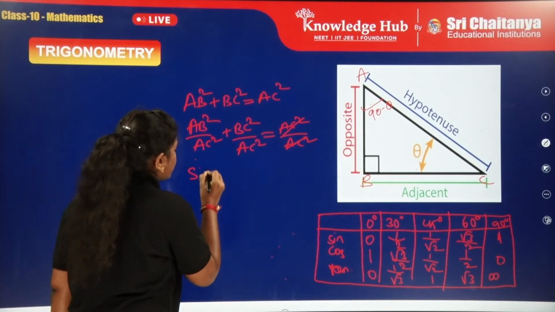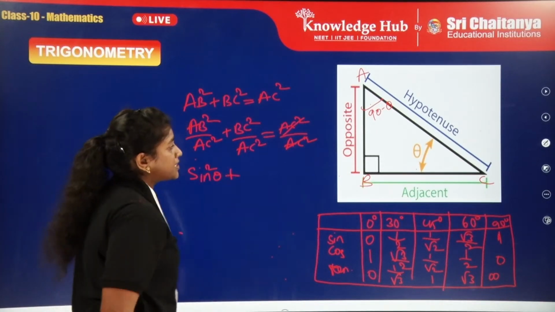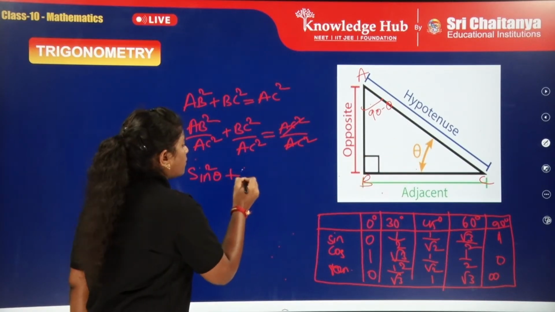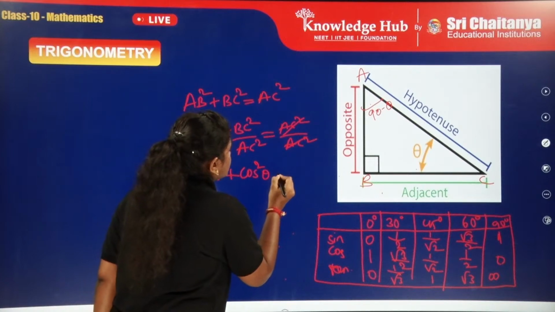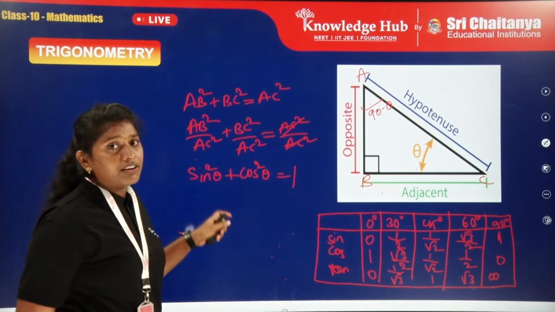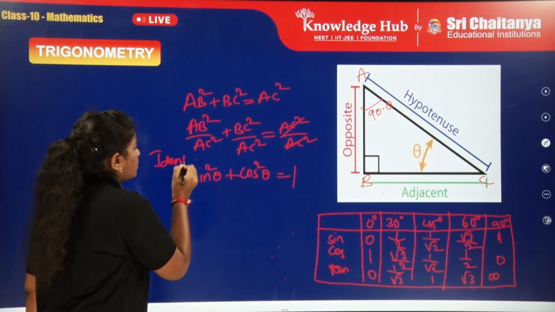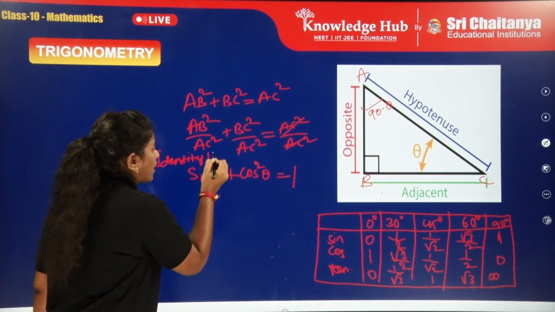So it will become sin square theta plus BC by AC, that means adjacent by hypotenuse, will give you cos theta. So it will become cos square theta, which equals 1. So this is our first identity, identity 1, which we are going to use for the trigonometric values.